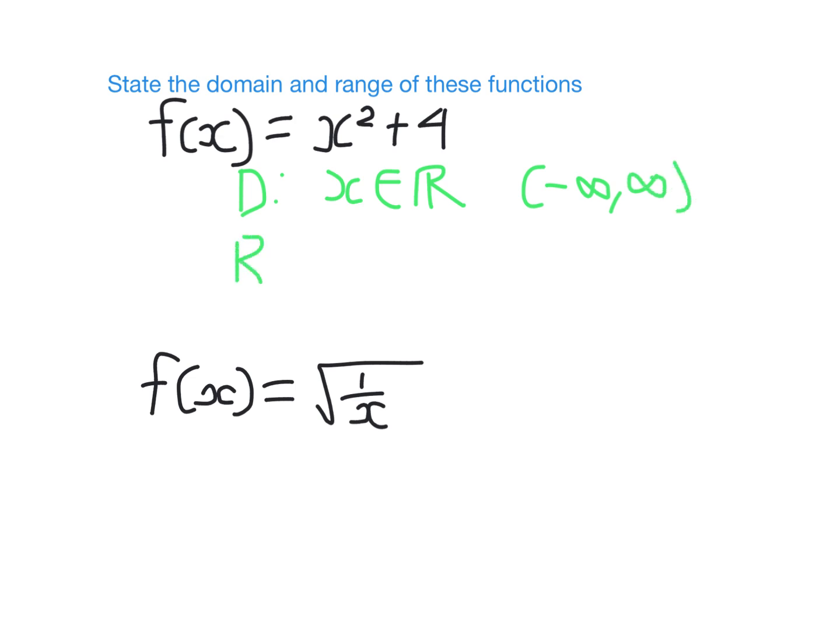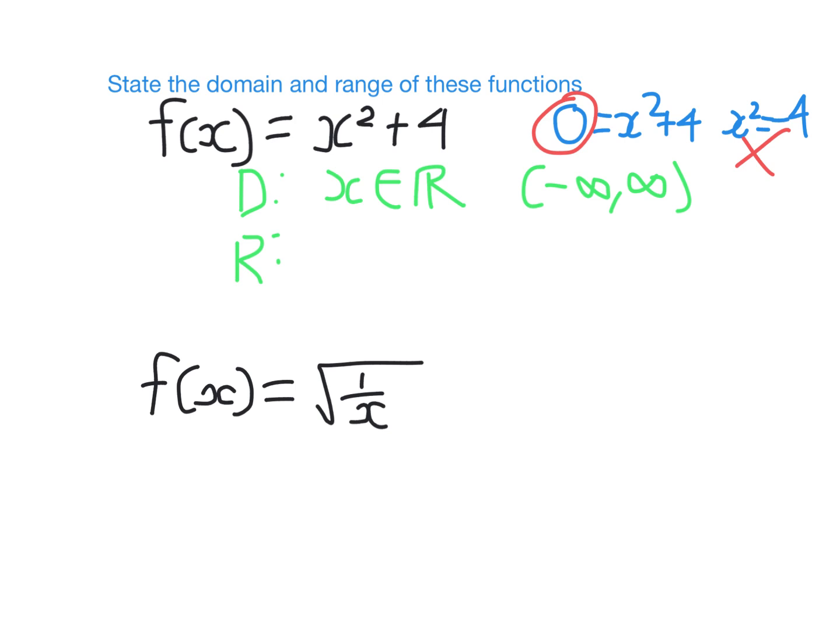What about the range? Is it possible to have any number as an output? It's actually not. For example, if I wanted to solve the equation 0 = x² + 4, I can't do it because I would get x² = -4. We can't have x² = -4. That proves that 0 is not a possible output of this equation.